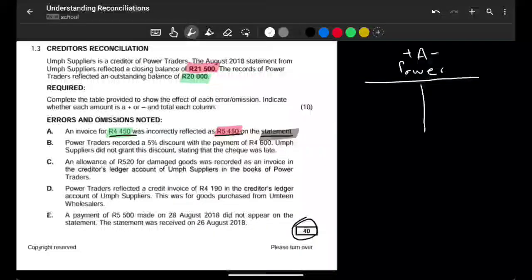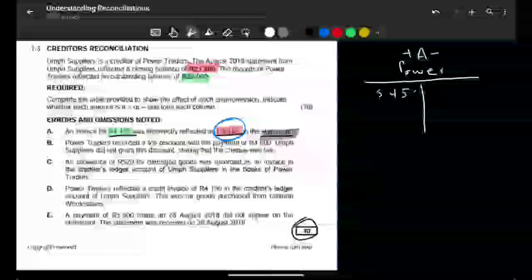When you have an invoice, you are increasing the amount, right? So originally it was supposed to be an invoice, but they invoiced it as 5,450, right? So what they did was the invoice is increasing their debt, which is going to be 5,450, right?